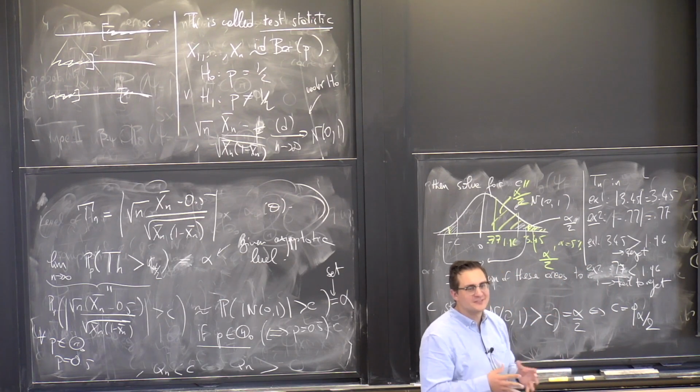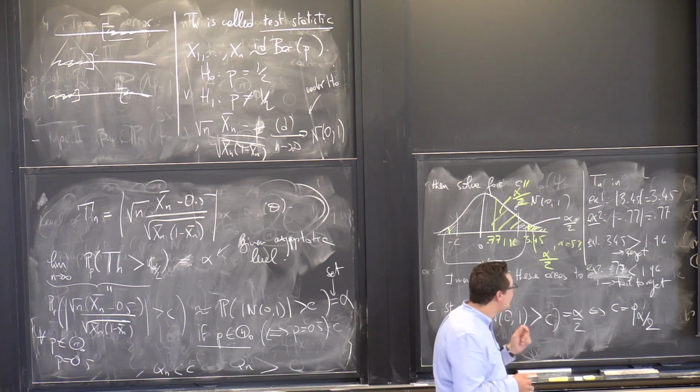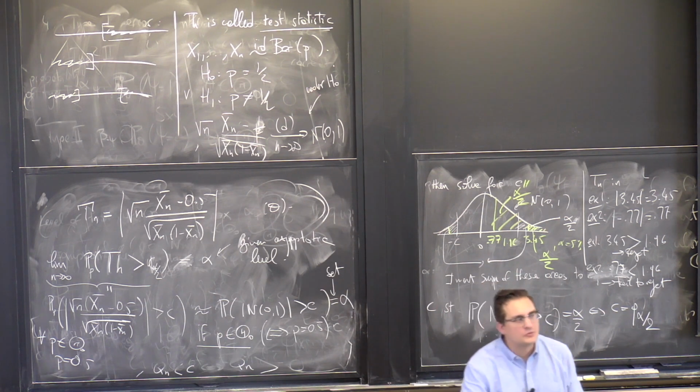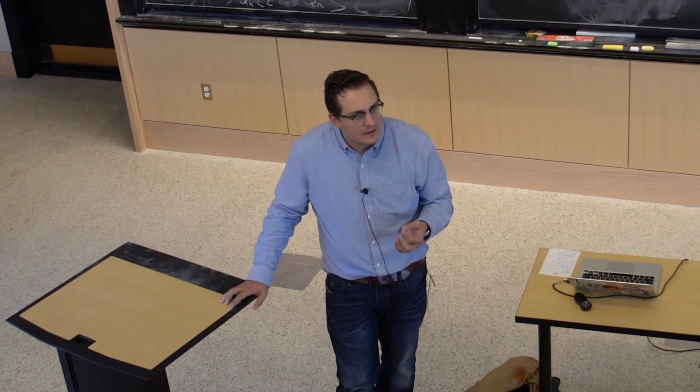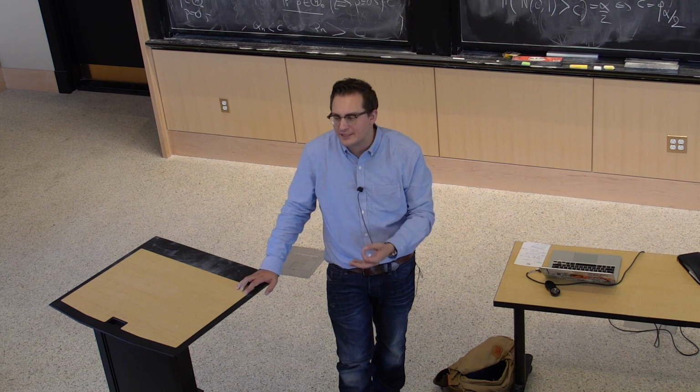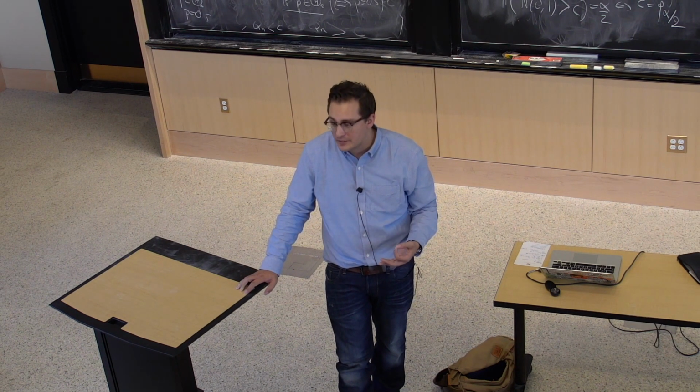So let me teach you how. At the end of the day, a test is only telling you whether you found evidence in your data that H1 was more likely than H0, basically. How do you make H1 more likely?